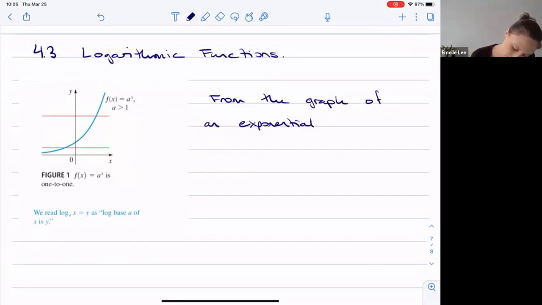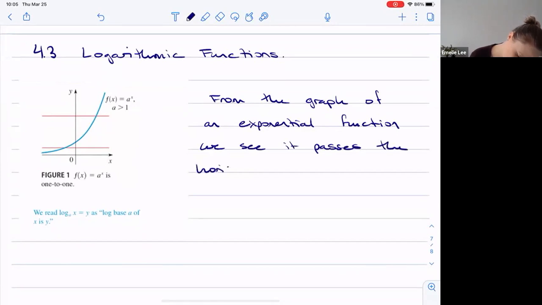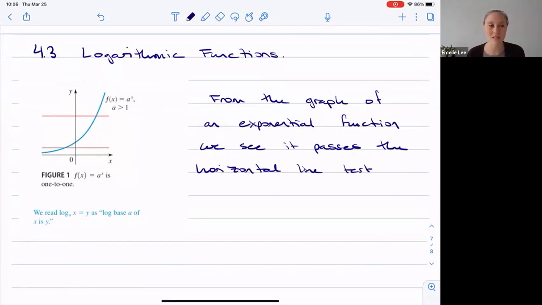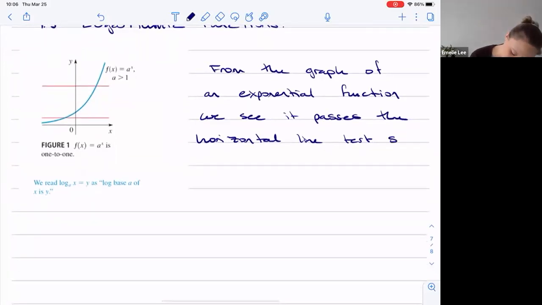So from the graph of an exponential function, we see it passes the horizontal line test. That might be a good refresher, because that's on this test coming up. Inverses is something one-to-one. It has to be one-to-one to have an inverse. So it is a one-to-one function.